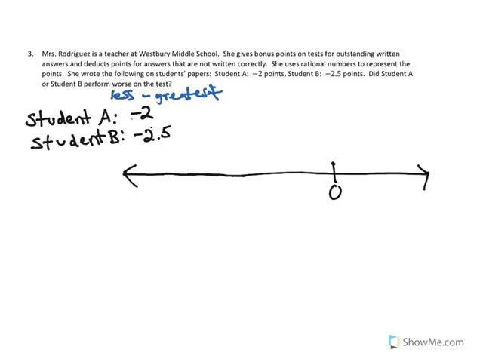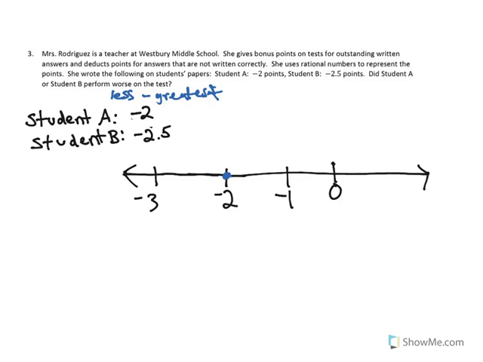Let's try that again. 0 is here, so -1 is here, -2 is here, and then let's put -3 here. Well, we can figure out where -2 is. It's already there, right here. And if we want to find -2.5, it's on its way to -3, so is it to the right or to the left of -2? That's the question.